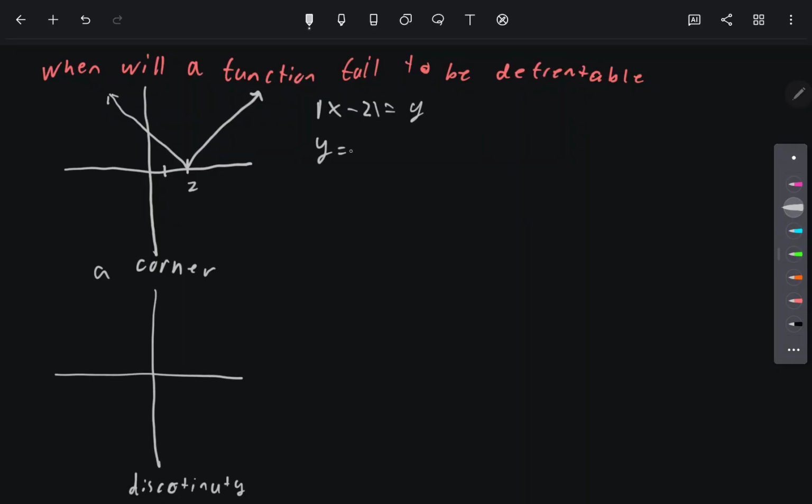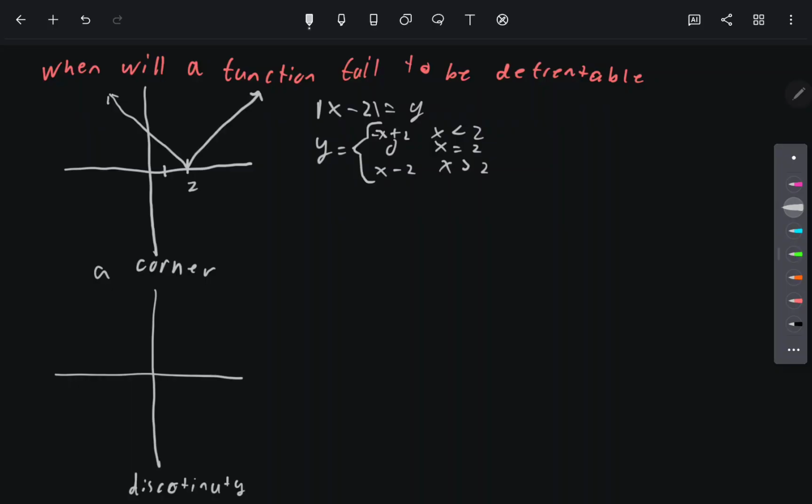So y is equal to negative x plus 2 for x less than 2, and x minus 2 for x greater than or equal to 2. I'm also going to find one more point just to make this incredibly clear: at x equal to 2, y is 0.